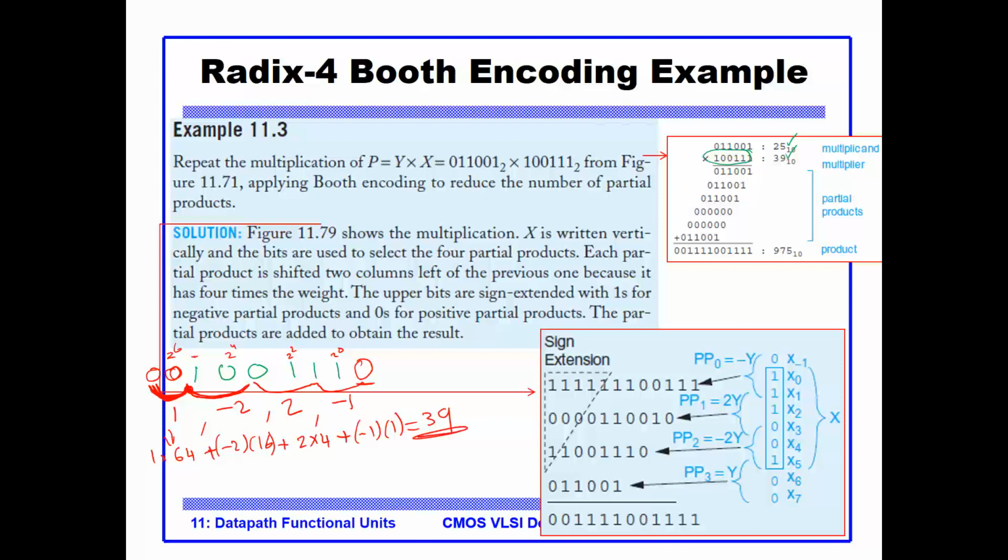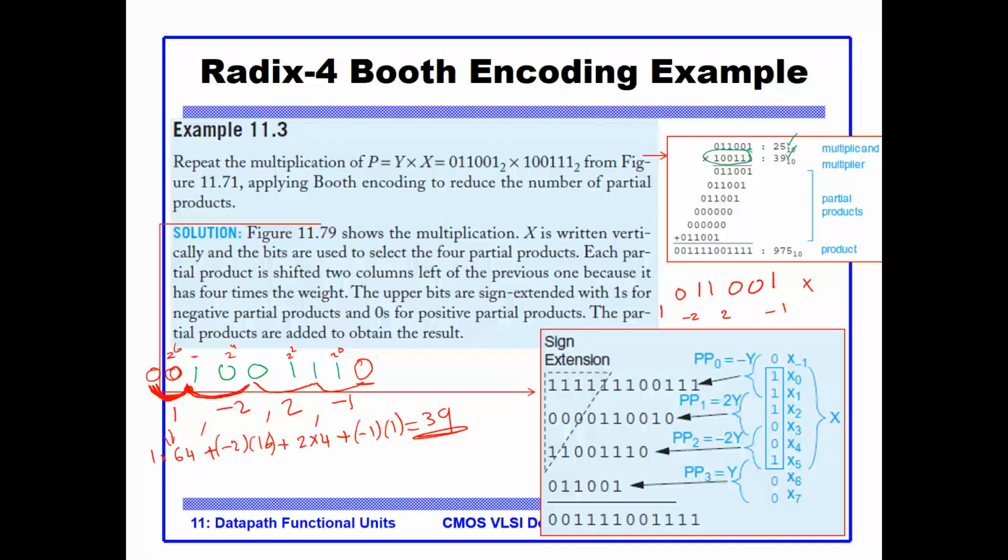Okay, now we need to multiply this with the multiplicand. Now when we do the multiplication, we have the multiplicand, which is 0 1 1 0 0 1, multiplied by the digits of the Booth encoding, which are -1, 2, -2, and 1.